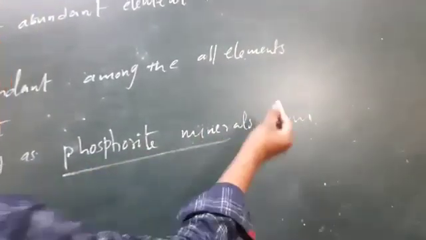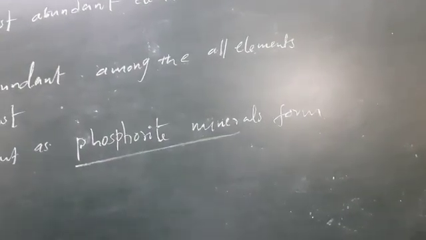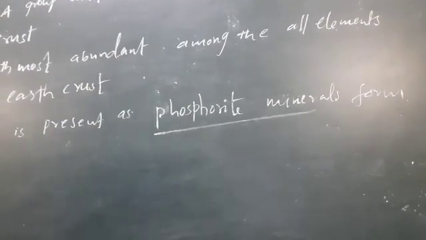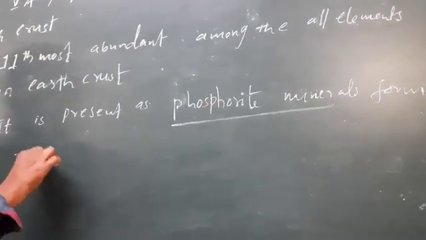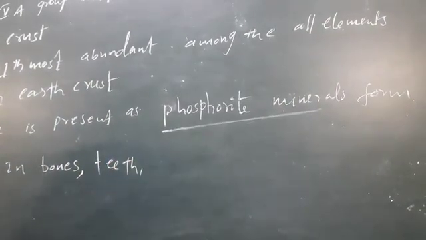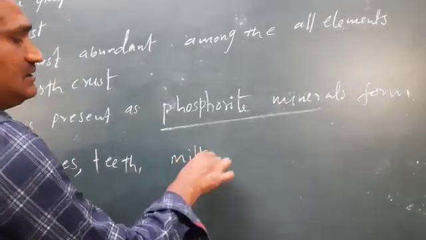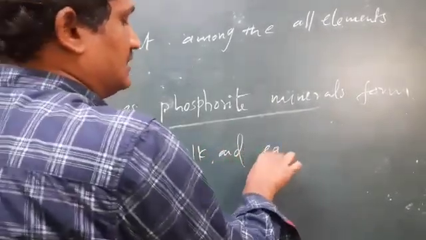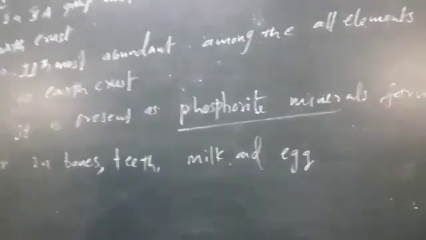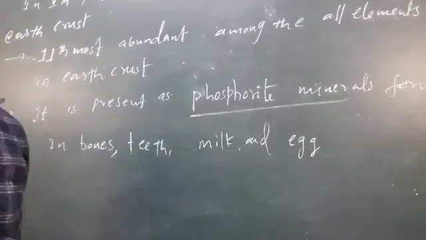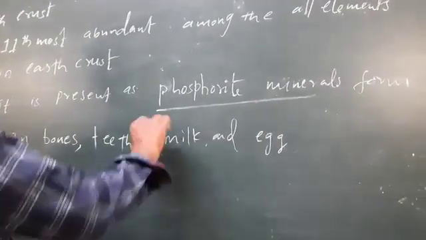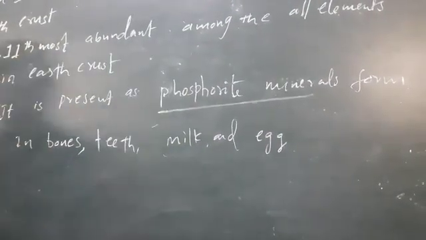In the combined state it exists as a phosphorite mineral, and it also exists in bones, teeth, milk and egg, in the phosphoprotein state. Phosphoproteins are present in milk and egg.